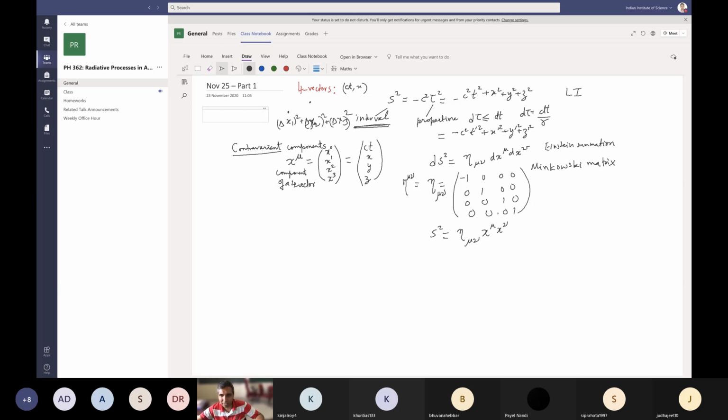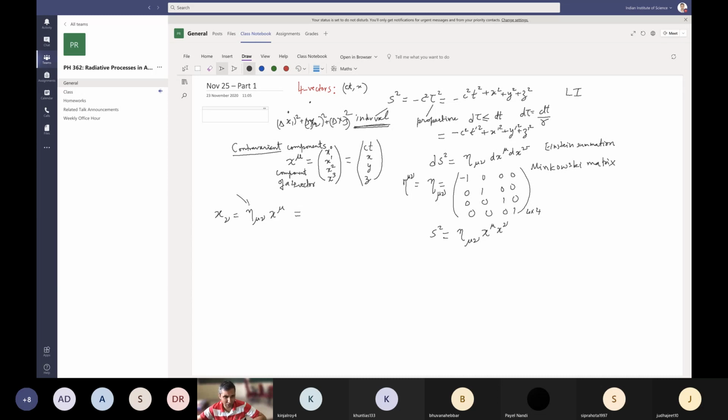So this is the matrix, and you multiply this by a column vector, so you get a column vector. So if you do eta mu nu x mu, this will give you x nu, right?